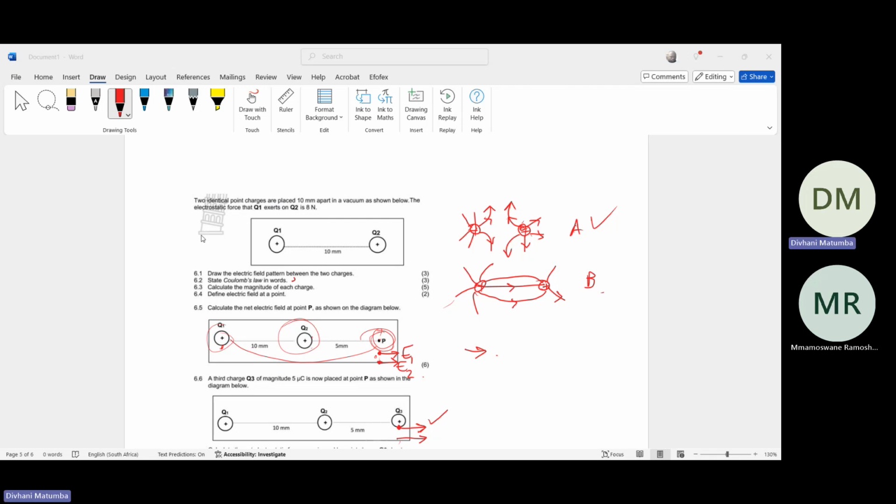What does that mean? It means the one will be Q and the other one will be negative Q. Then you put it in the formula, then you solve for the value of Q. Then you get your answer.